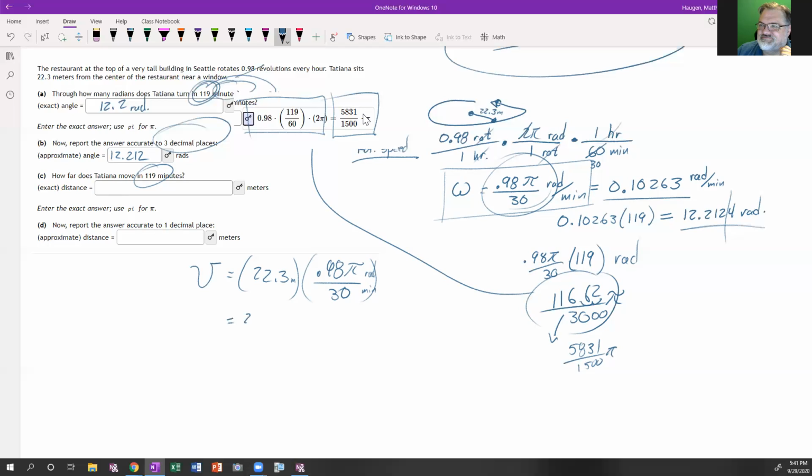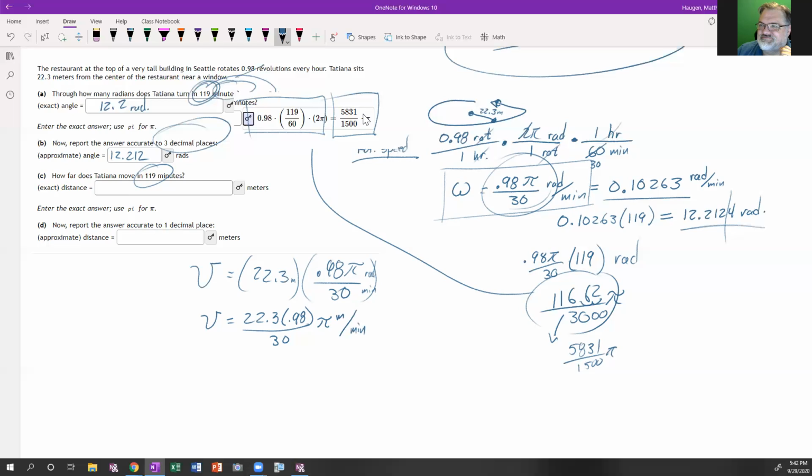So really, I'm going to stick with the 22.3 times the 0.98 over 30 pi. That's our linear speed. I don't want to multiply any of that together. It'd be icky, but we certainly could. You guys can clean it up. But that is our meters per minute.